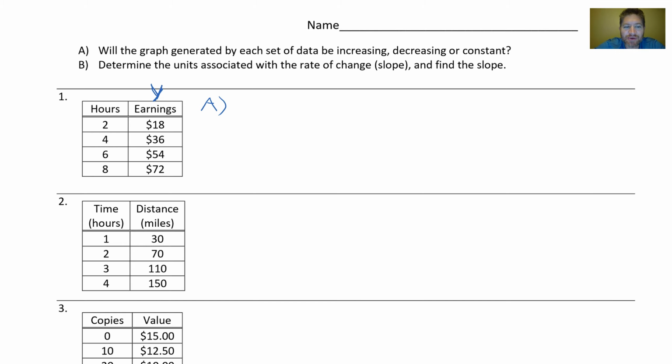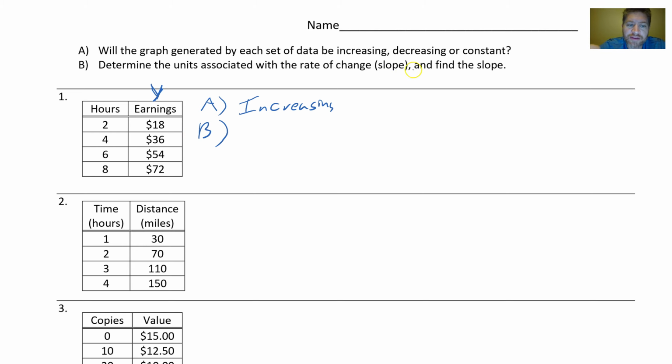That is the thing that is going to go up or down, or stay constant. It's the thing that will change. So as time goes by, the earnings in this case go up, which would mean it is increasing.